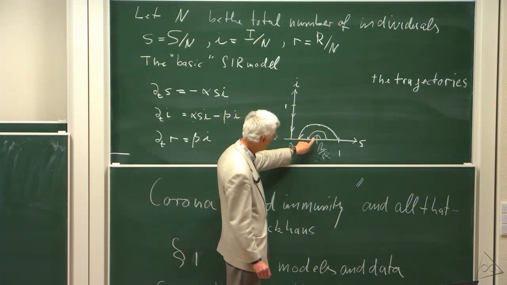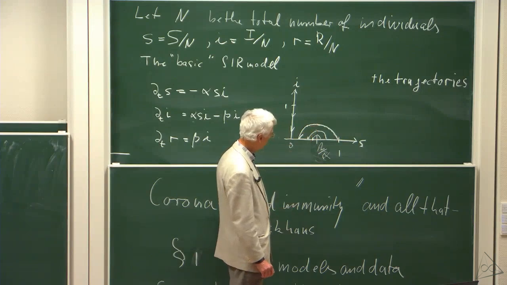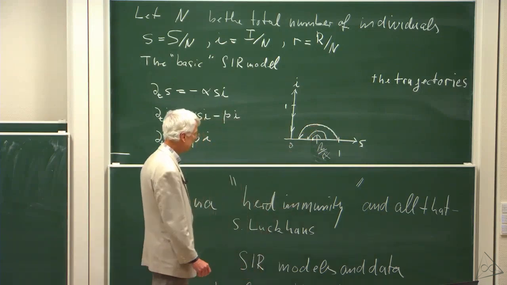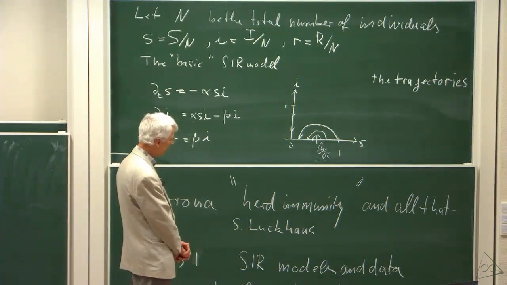The infections will increase up to this point where the parameter S reaches the value beta over alpha.